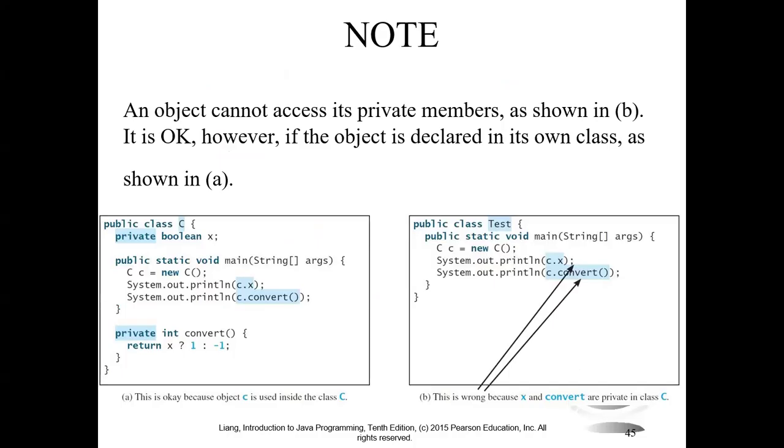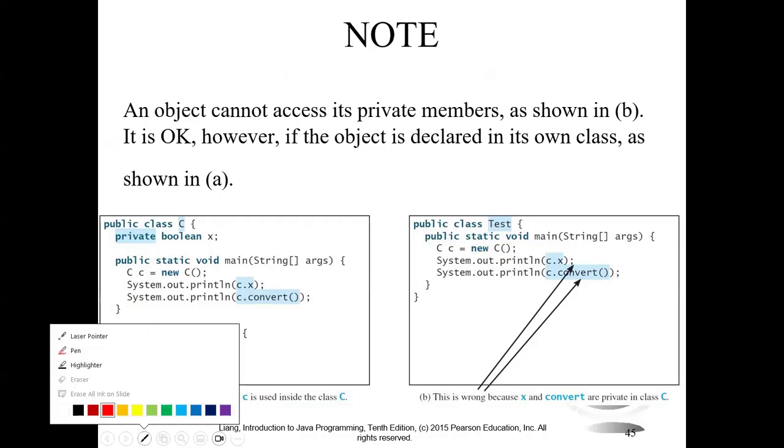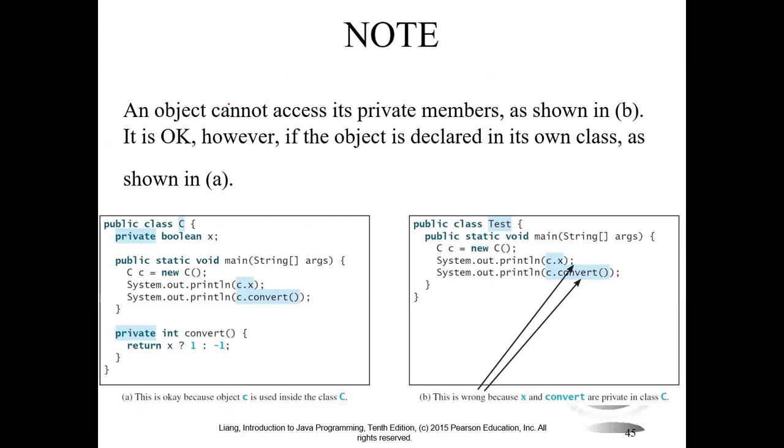And please note that an object cannot access its private members as shown in this example. For example, here on the left-hand side, we have a public class C, right? And here we new a C, and since it is a private boolean, we can use this method directly. Even if this is private, we can still use it because it is within the same class.